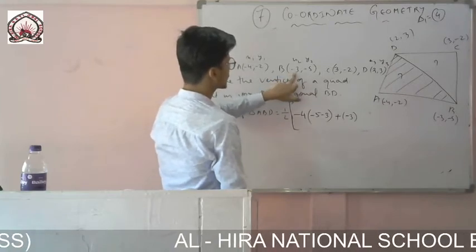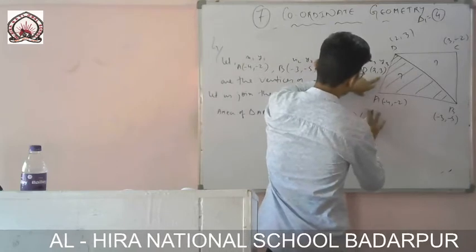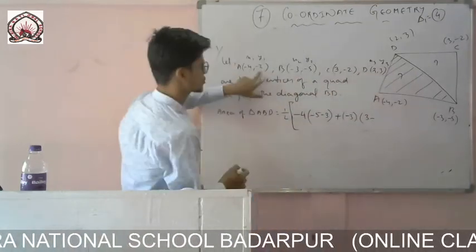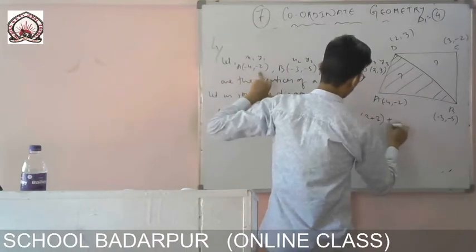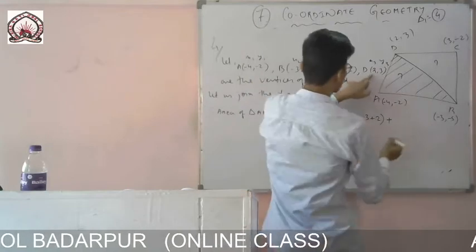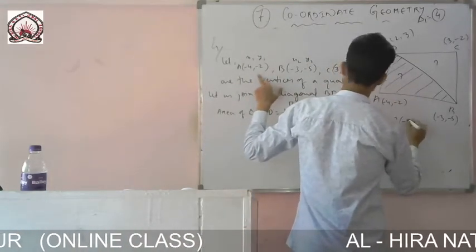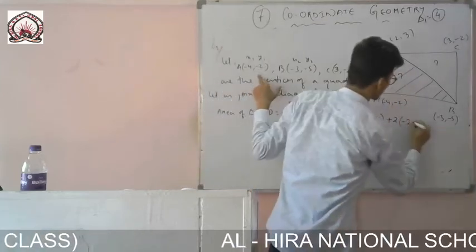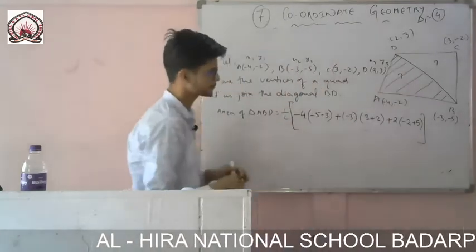The formula is x2 into (y3 minus y1). y3 is 3 minus y1, which is -2. So minus minus here becomes +2. Then plus the last one, x3 into (y1 minus y2). y2 here is -5, so minus minus becomes plus 5. So this is the end.